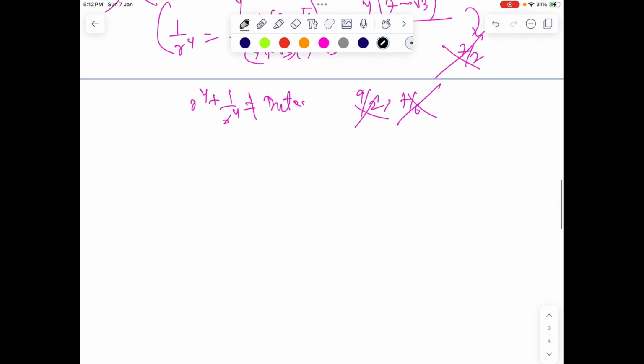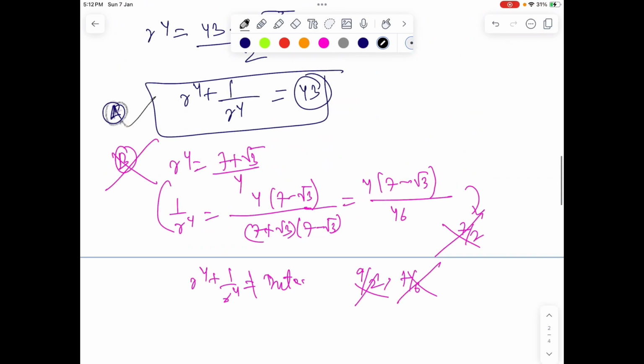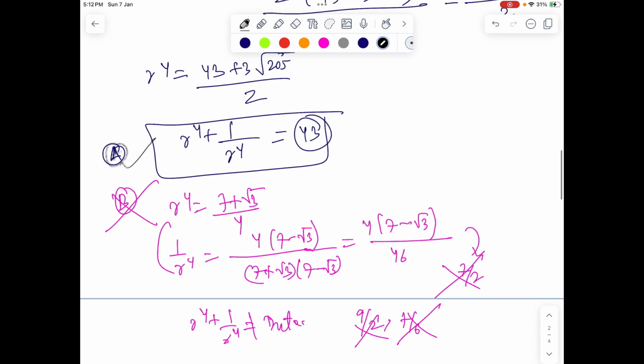Now, the more mathematically rigorous part of the question is that in the solution I have just discussed, the integer condition for r⁴ + 1/r⁴ is a necessary condition for the existence of the complex number. Because the RHS is an integer, r⁴ + 1/r⁴ must be an integer. But we have not checked its sufficiency. We did not prove whether it's sufficient or not.